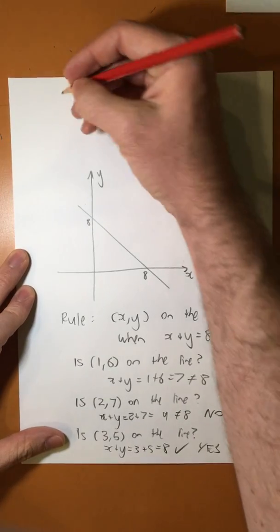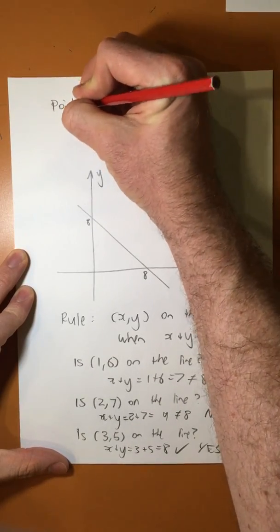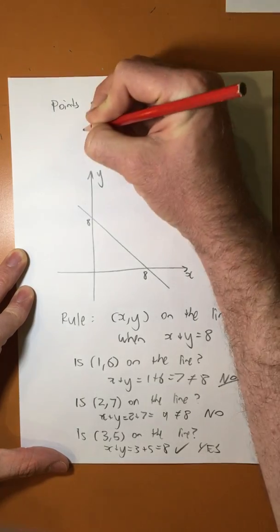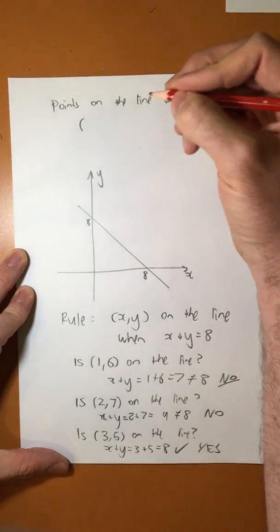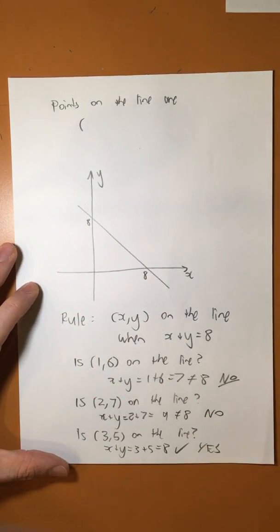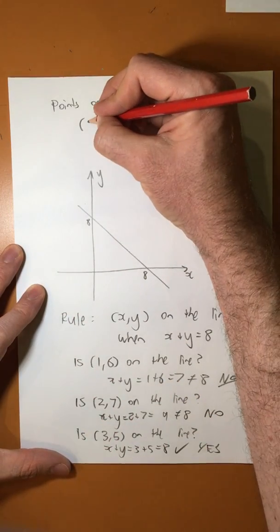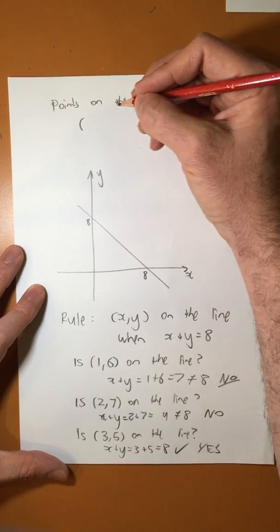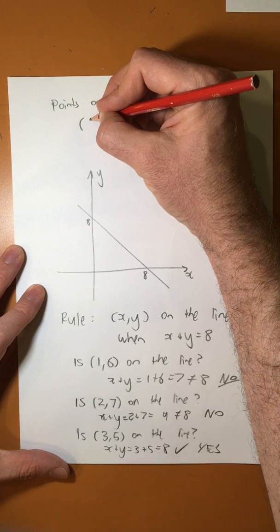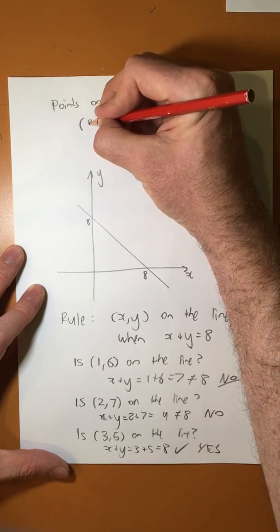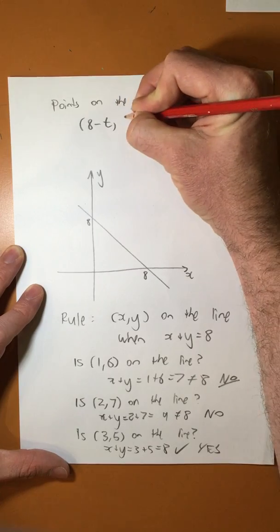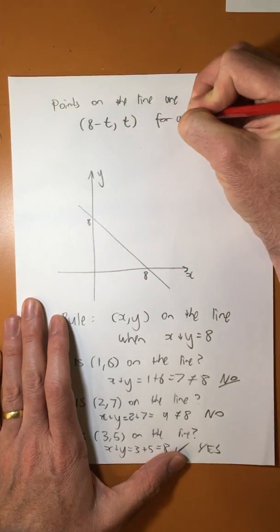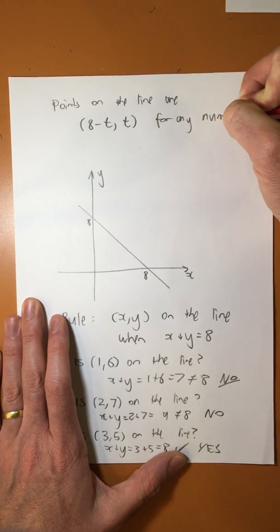So I could say something like, the points on the line are of the form (t, 8 minus t) for any number t.